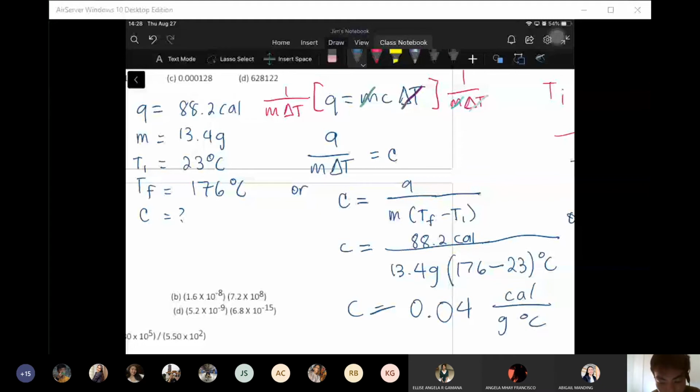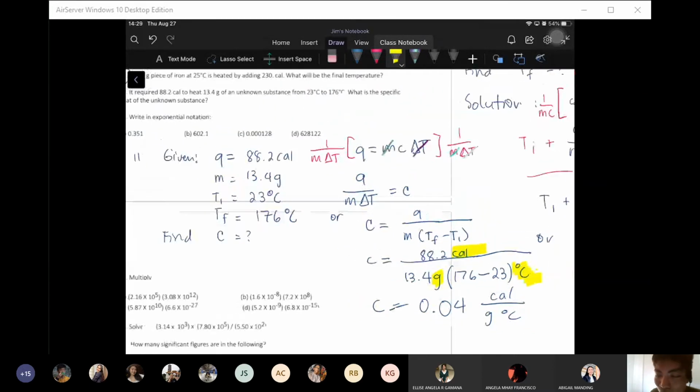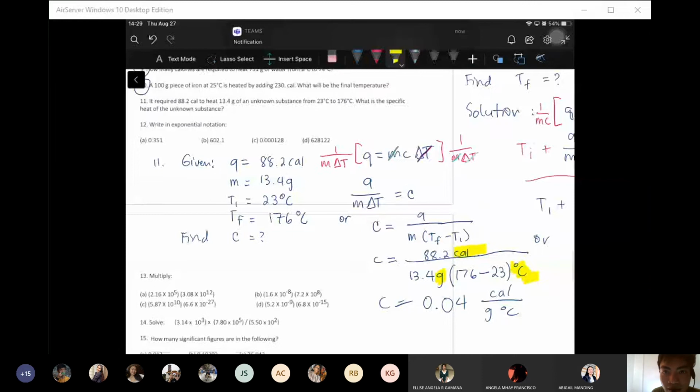Be careful sa unit ha. So, this time, walang na-cancel na units. In the numerator, we will have the calories. In the denominator, we have the grams and the degrees Celsius. So, hindi ko rin alam kung ano ito.